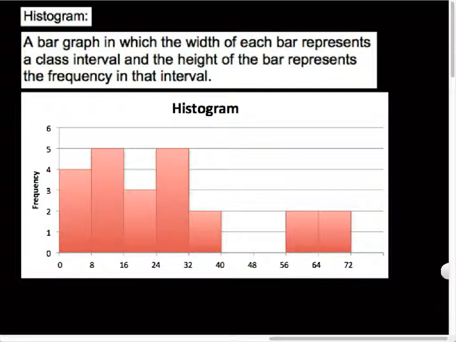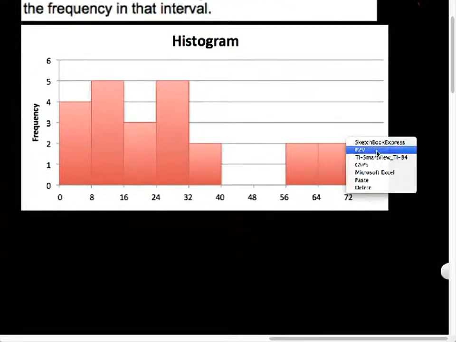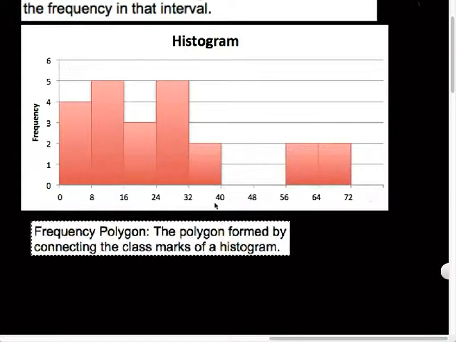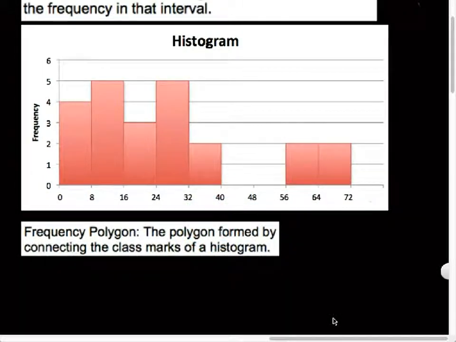And then the last thing we talk about today, another representation of data, is called a frequency polygon. Frequency polygon, last thing. The polygon formed by connecting the class marks of a histogram.